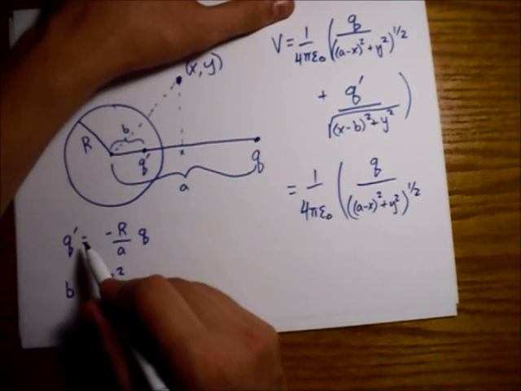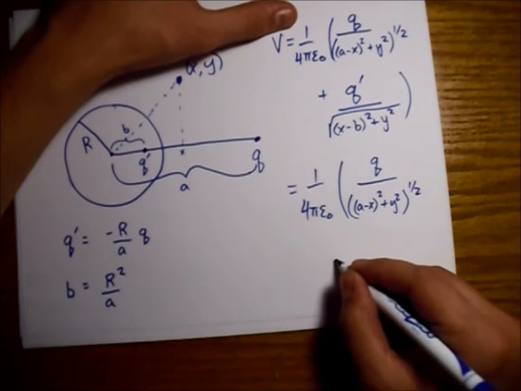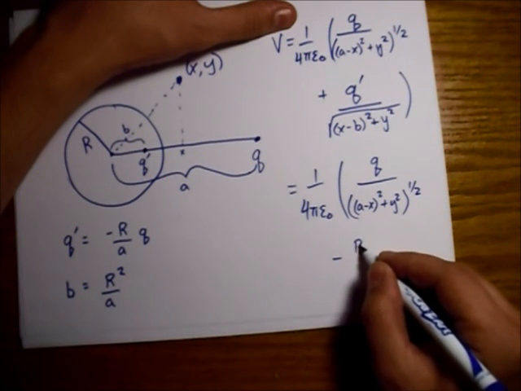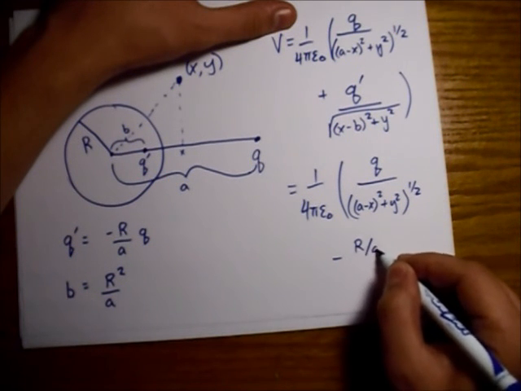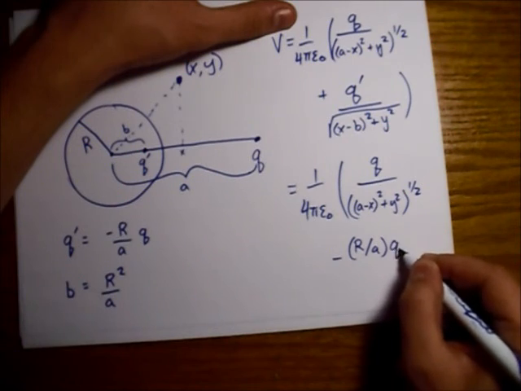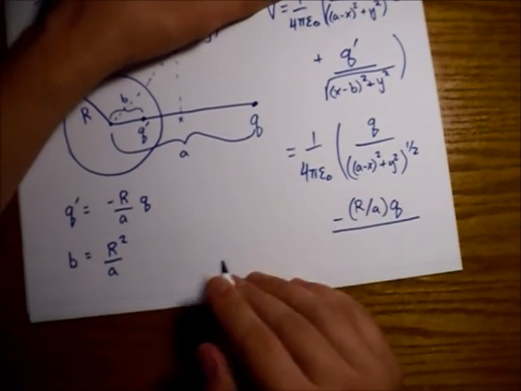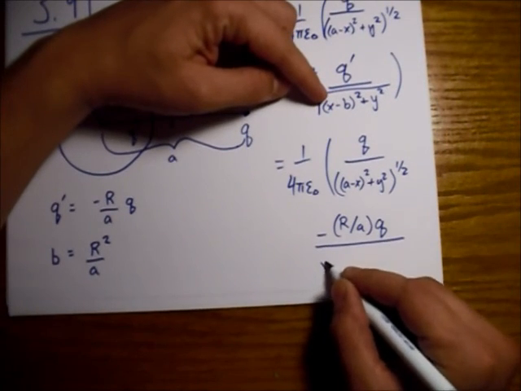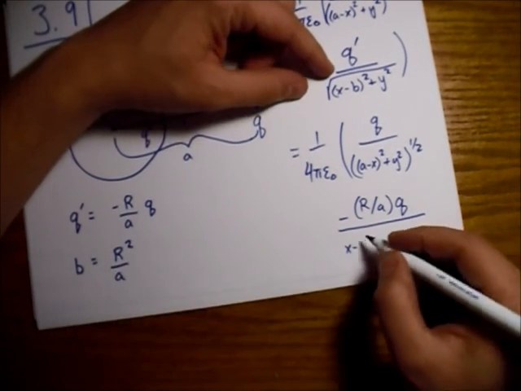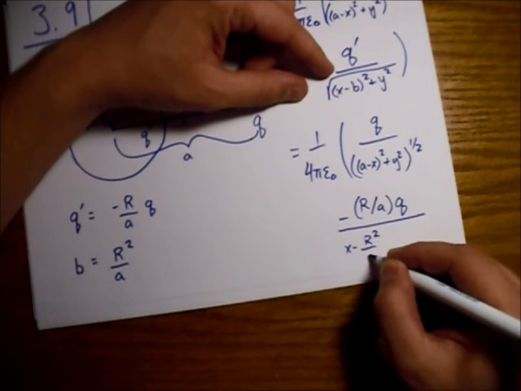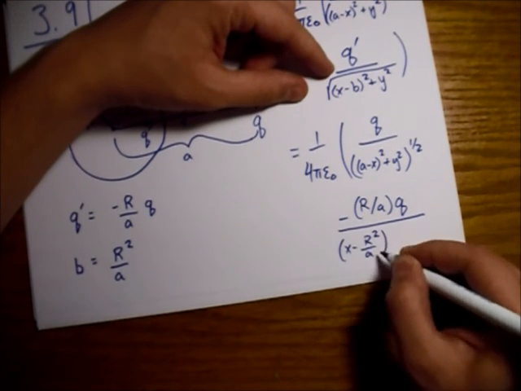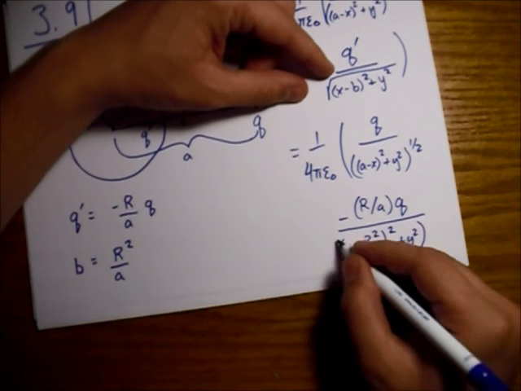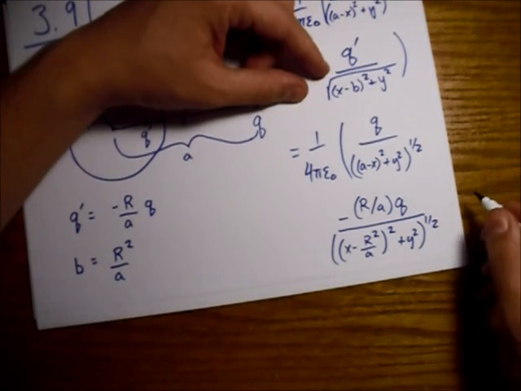Now we're plugging in what we get over here. So we have minus R over a times Q, and downstairs we've got x minus this b here, which is R squared over a, squared plus y squared. This time I'll be consistent and have a 1/2 out here.